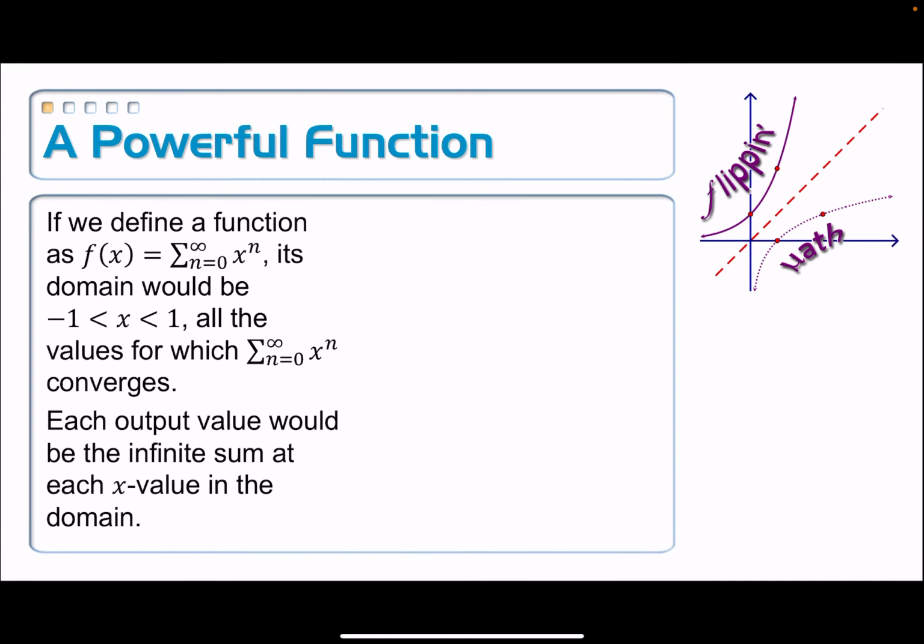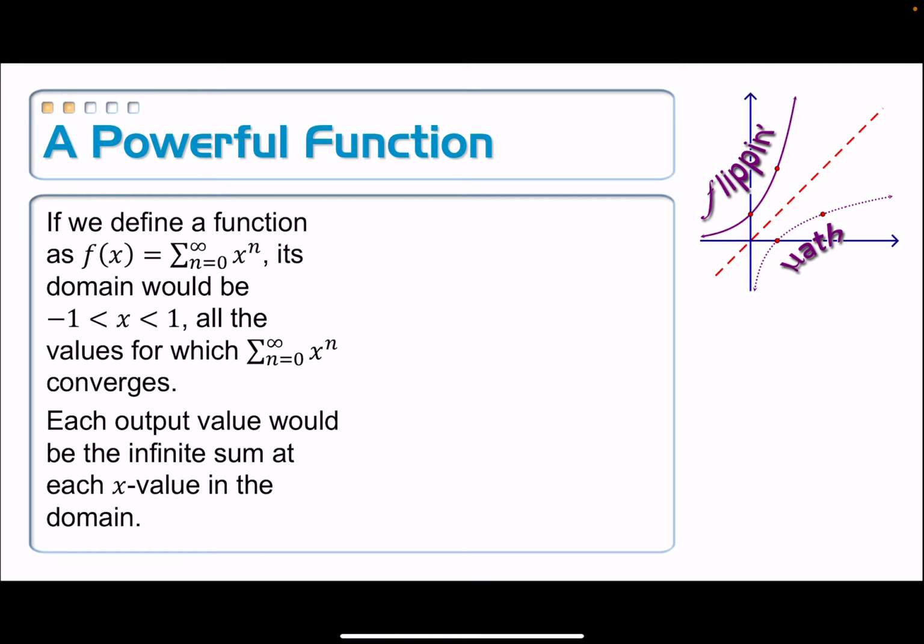All right, so this first part of this is just summarizing in a nice, neat fashion what we discovered there on the warm-up exercise. If we define a function f of x as the summation from n equals 0 to infinity of x to the nth power, its domain is going to be from -1 to 1. All of those numbers that are inside here, inside that domain, those are numbers for which this series converges.